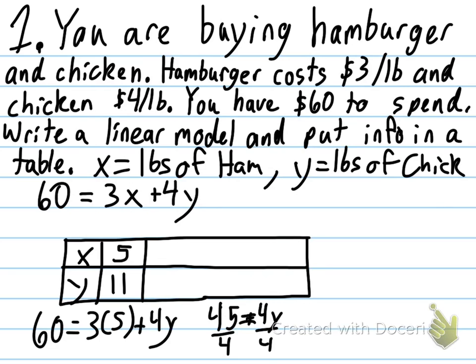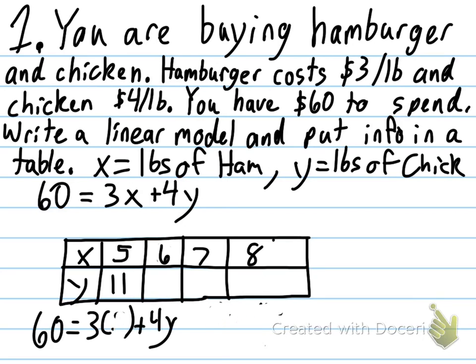Well, let's say we wanted to buy 10 pounds of hamburger. Well, that's a lot. Let's not go up that much. Let's just say 6 pounds of hamburger. And then we'll do 7, then we'll do 8. So all we do is we do the same algebra again. So plug in a 6 here.